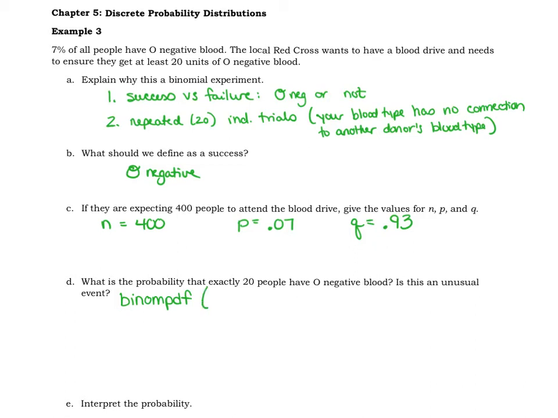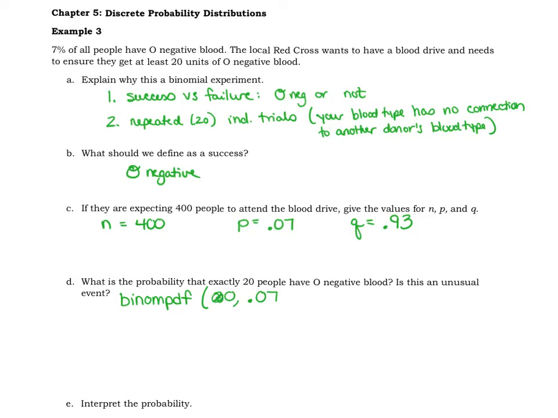And then you're going to see, again, trials. I'm writing this for those who don't have those little prompts, and this is still what you put on your paper, just to keep track of what you're doing. So 20 is the number of trials. Then you need to put in the probability that they have O negative blood, 0.07. Oh, sorry, not 20. Back up. 400 is the total number of trials.